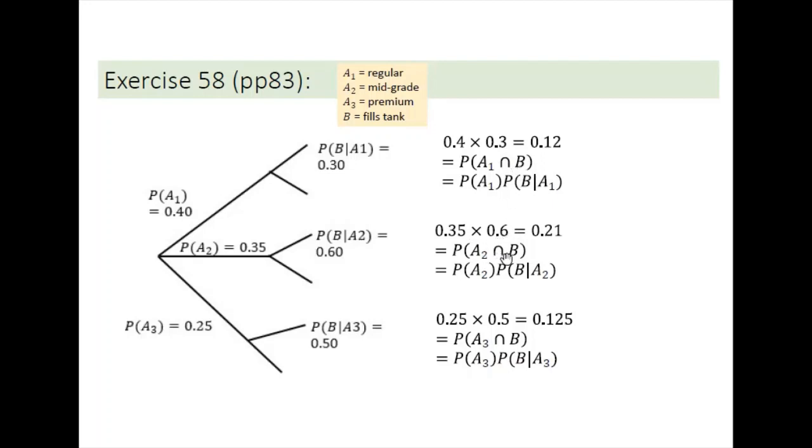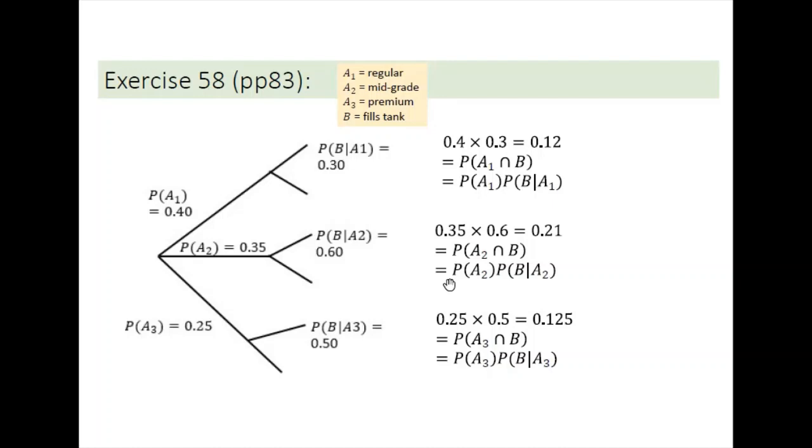Now what is the probability of A2 and B? It means using mid-grade gas and filling tank. So the first decision is about the kind of gas, and the second decision is about filling tanks.